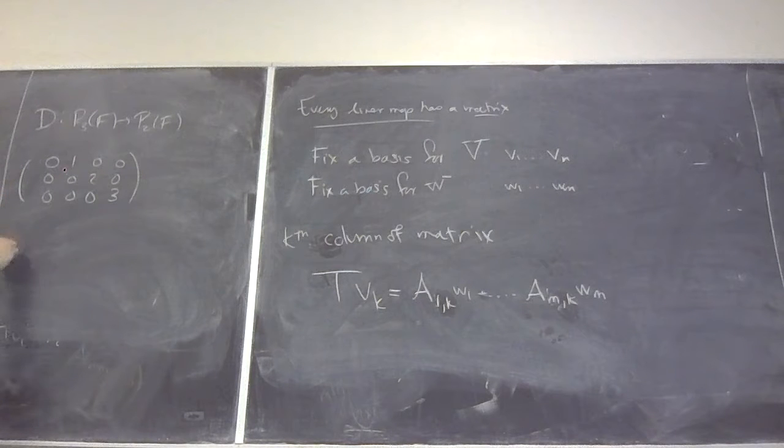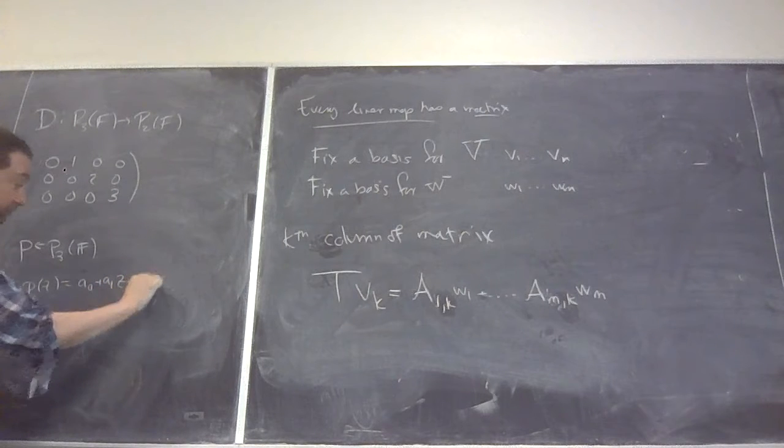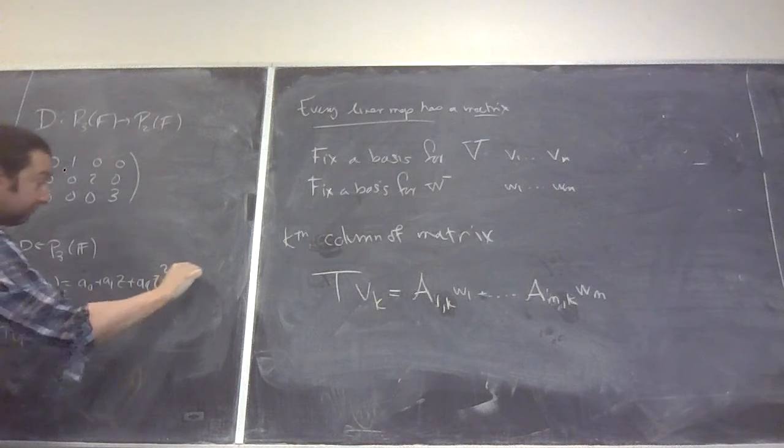Now, suppose I just had some polynomial p in P_3(F). There's a way of thinking about any polynomial in P_3 as a vector in F^4, which I haven't shown you yet. If I wrote down some polynomial, I know that p(z) equals a_0 plus a_1 z plus a_2 z squared plus a_3 z cubed.